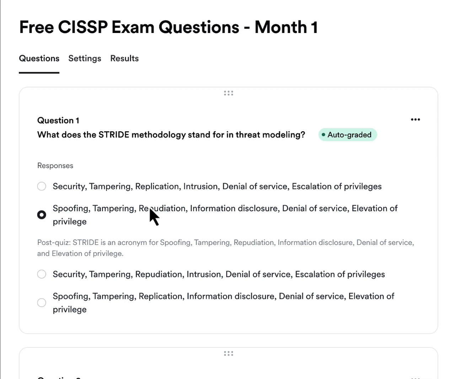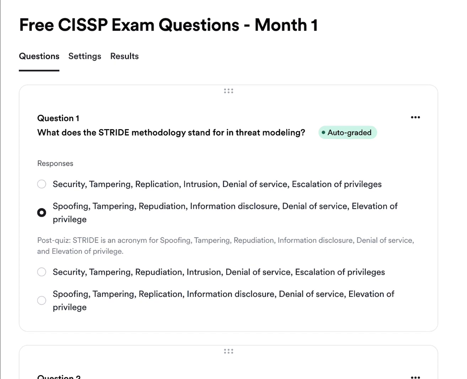So again, when you want to look at this, you want to consider what are some of the answers, and which of them have the terms of threat modeling in them. Well, if you go through answers A and C, they have security in the first word, and that's not a threat modeling term. So you can throw those two out immediately.